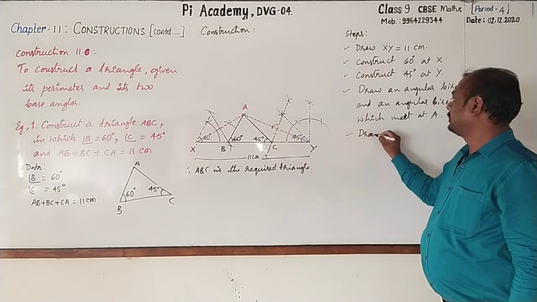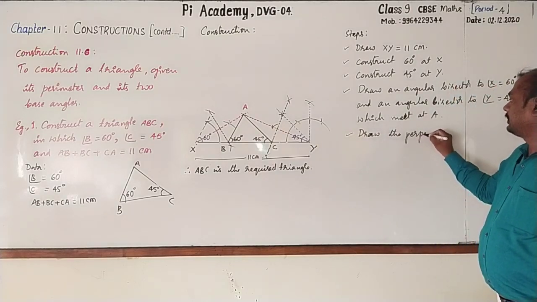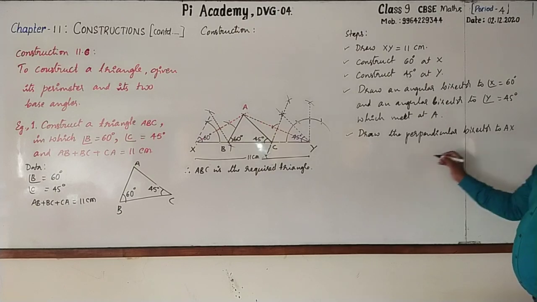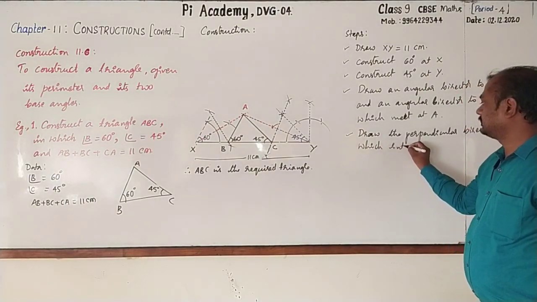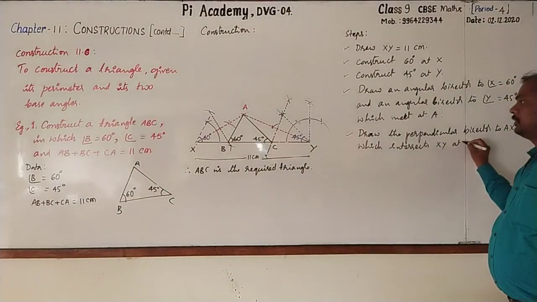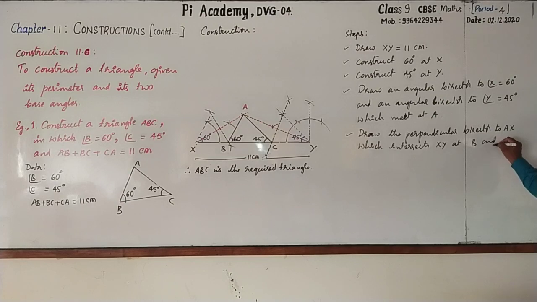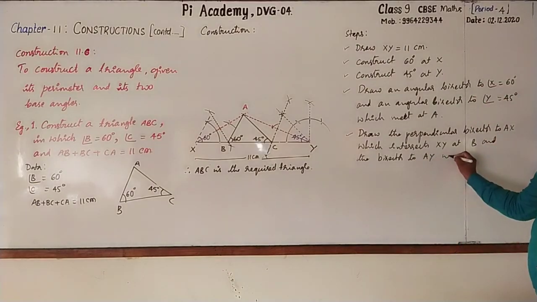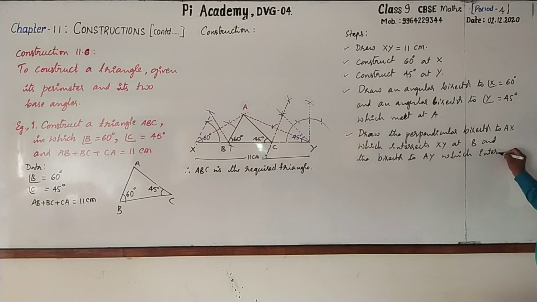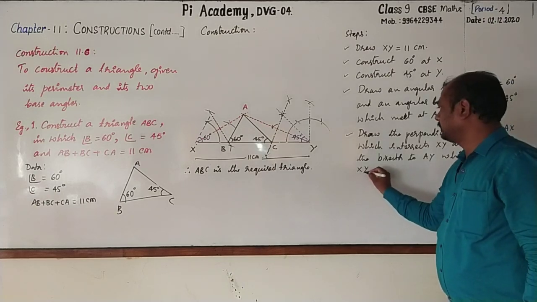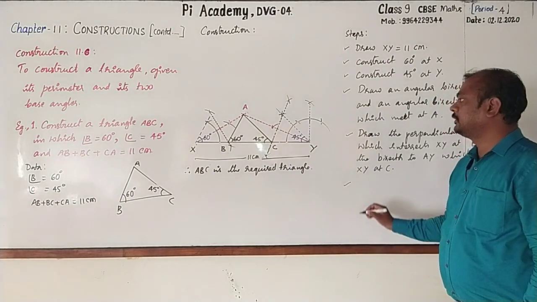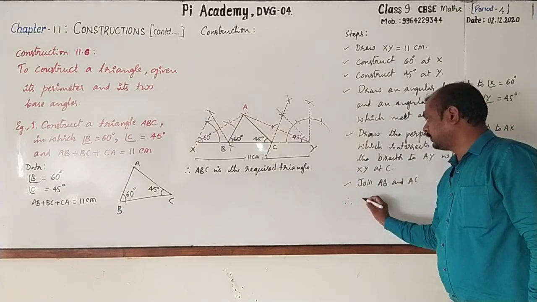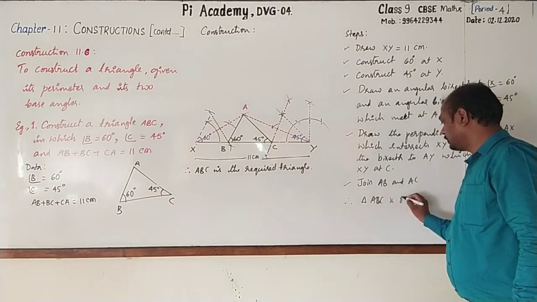Draw the perpendicular bisector to AX, which intersects XY at B, and the perpendicular bisector to AY, which intersects XY at C. Then join AB and AC. So therefore, triangle ABC is obtained.